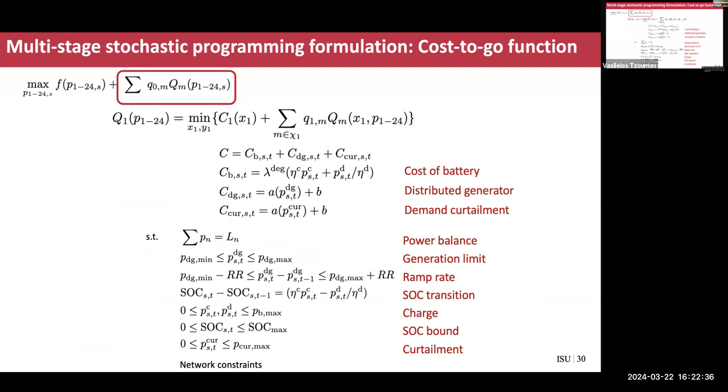So this cost here, we capture three kinds of operation cost: the cost induced by the battery charging and discharging, the cost of operating this distributed generator, and also the cost of demand response or the demand curtailment. And it's subject to a set of constraints in the distribution system that we model, that we want to make sure that whatever power offering we have, there are certain ways of realizing that power offering by operating our distribution system in the most economic way.